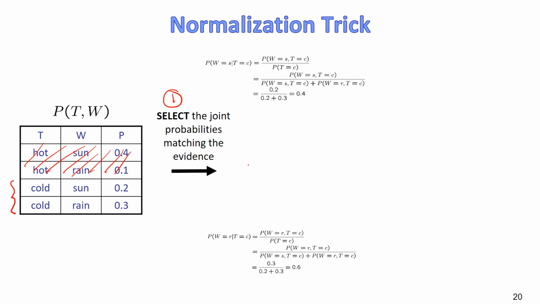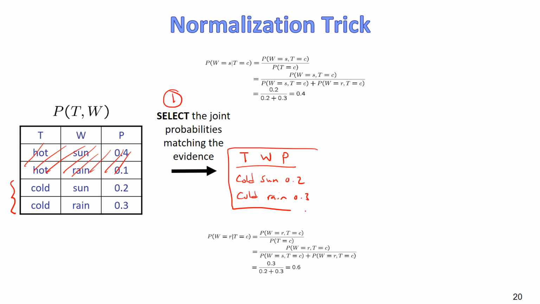Out of this step, we will have the table with columns T, W, P: cold, sun, 0.2; cold, rain, 0.3.